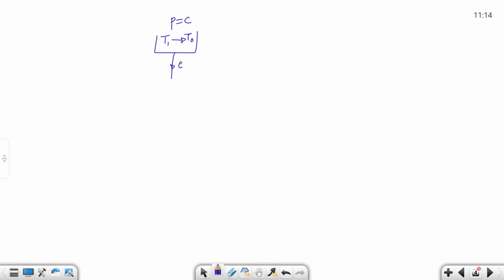So the heat supplied goes to a reversible heat engine, which gives you the maximum work output. Q2 is the heat rejected to the atmosphere. So this is the atmosphere.